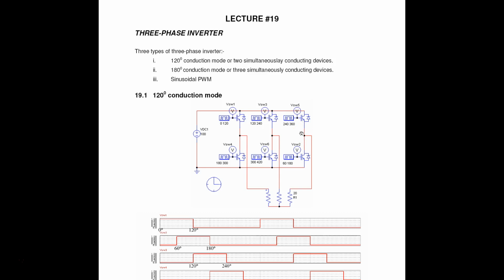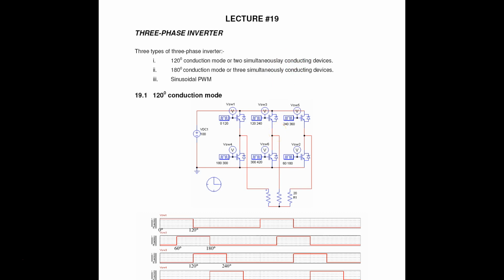Okay, so there are 3 techniques that we can use to achieve the output voltage waveform. So it is an inverter, so the input is DC and the output is of course in the form of AC waveforms. So there are 3 types of waveform that you're going to obtain at the output. The first one, if you use a 120-degree conduction mode technique with 2 simultaneously connected devices, you will get the first type of waveforms.